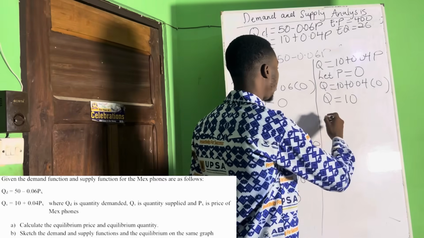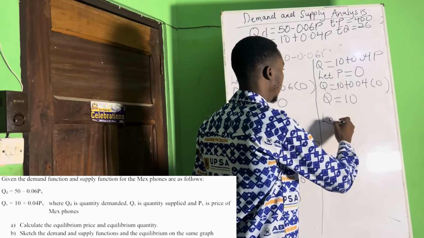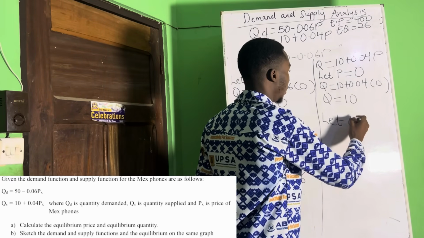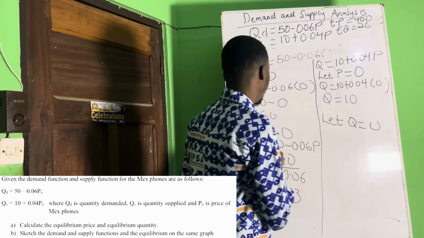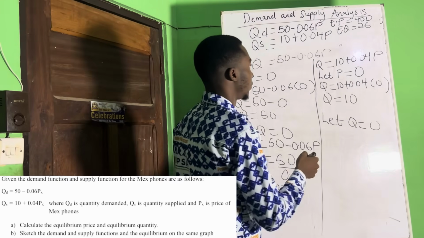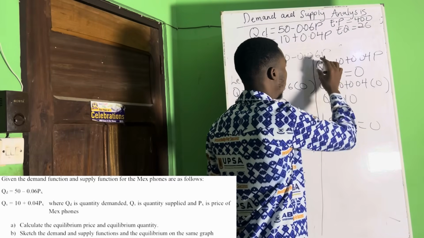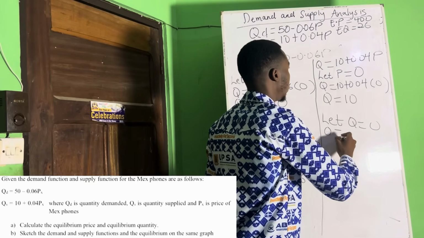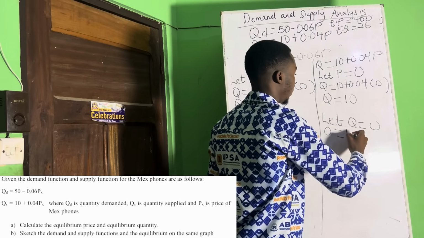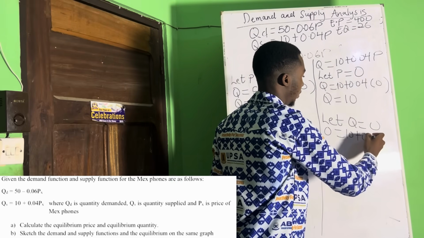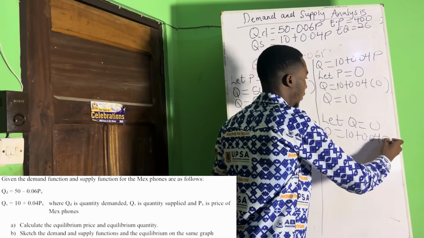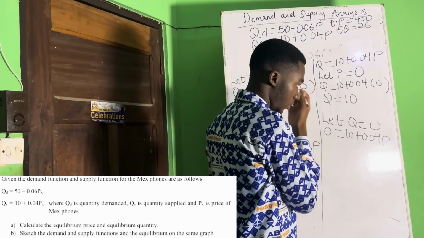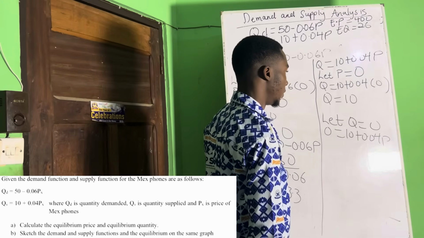You can also punch it on the calculator. Then now we find for P. So we say let Q be equal to 0, just like we did here. So now if you are letting Q be equal to 0, it means you are going to get 0 is equal to 10 plus 0.04p. Then you want to make P the subject, you get it.